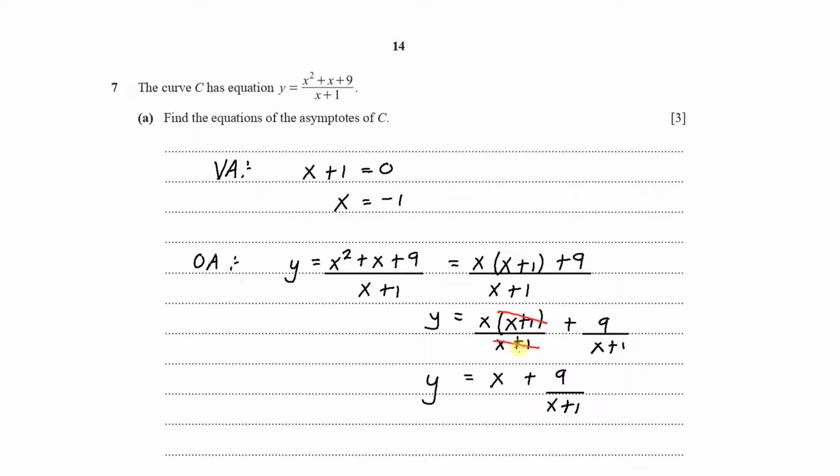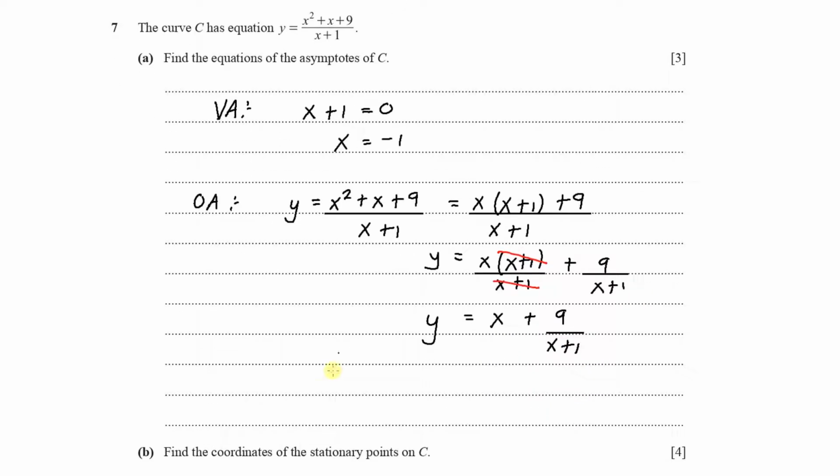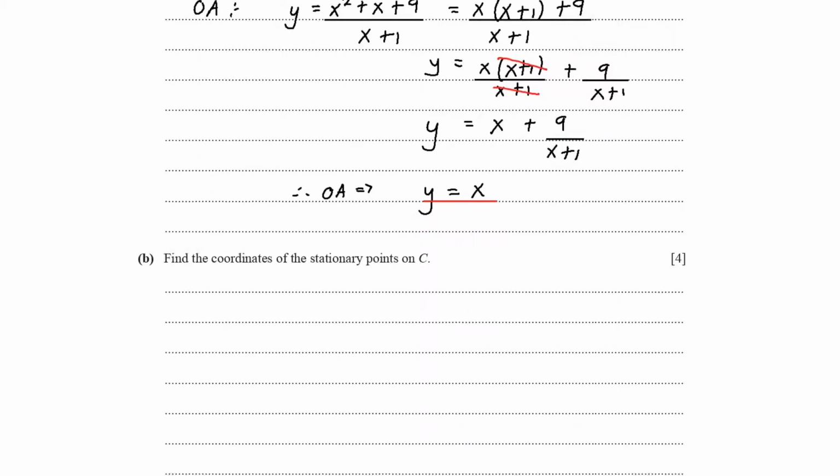So the quotient here is x, and with the quotient we can come out with the equation of the oblique asymptote. So the equation of the oblique asymptote is y = x. So we now have the two equations, one for the vertical asymptote and the other one for the oblique asymptote. Let's go on to part B.